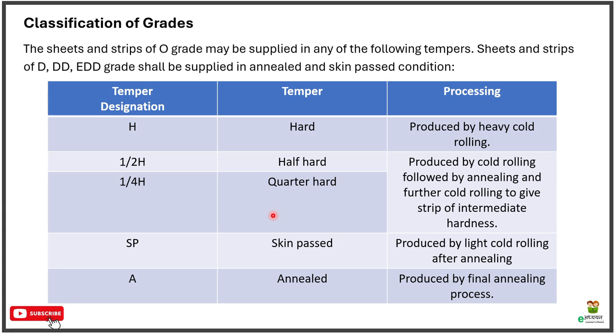So we have different hardness also available for the ordinary grade. Then SP is the skin pass, produced by light cold rolling after annealing. Then A means anneal, produced by final annealing process. So these are for O grade, and DD and EDD can be supplied with skin pass condition and annealed.